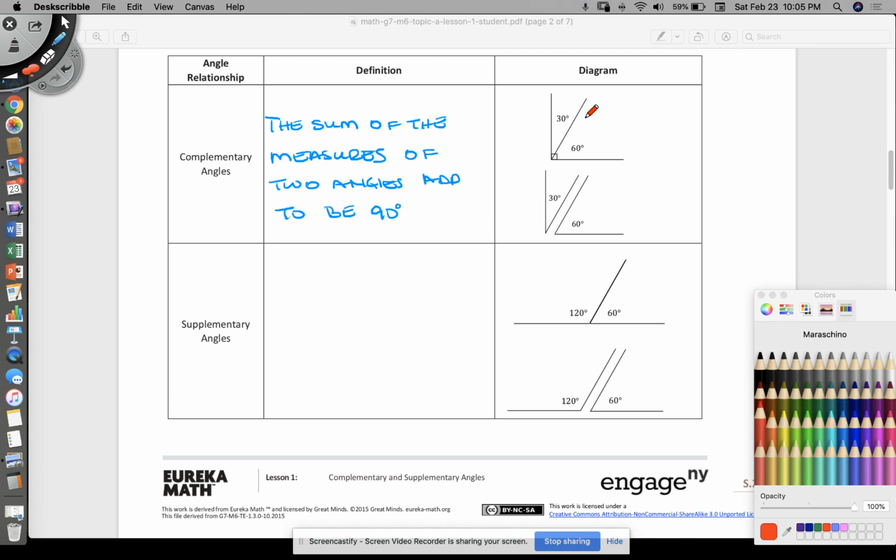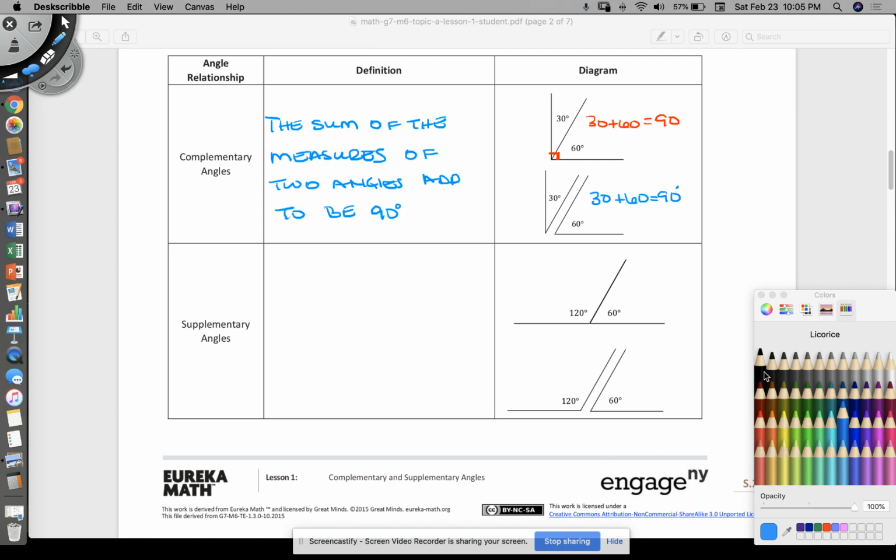So here we can say 30 plus 60 equals 90 degrees, which is represented here by that 90-degree square. But again, if they're separated, you won't see that little 90-degree square, and you need to know that you can still do 30 plus 60, and that forms a 90-degree.